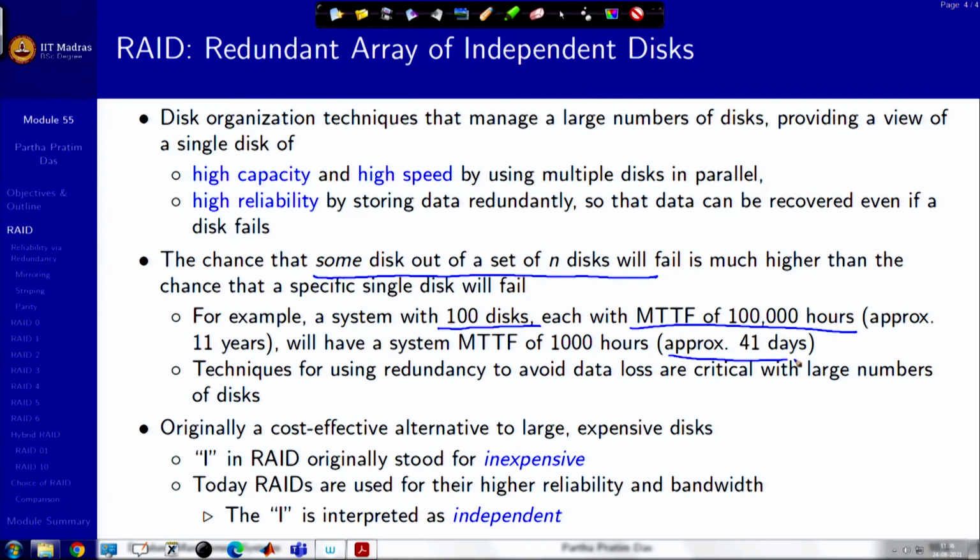That is about 41 days. So, that is not very high. But the techniques for using redundancy to avoid data loss are critical with a large number of disks, which are required also for scalability, that is, higher capacity and high speed. I already discussed the meaning of I in the acronym RAID.